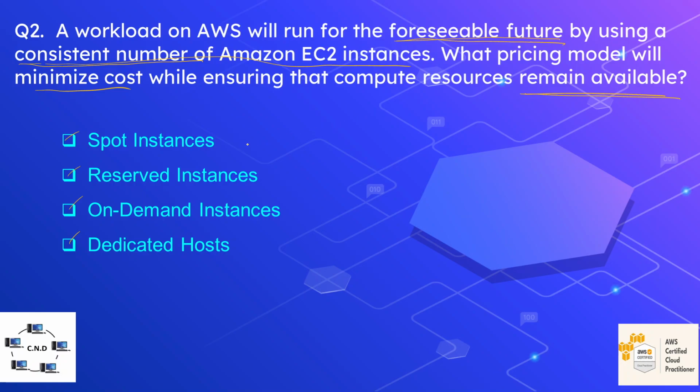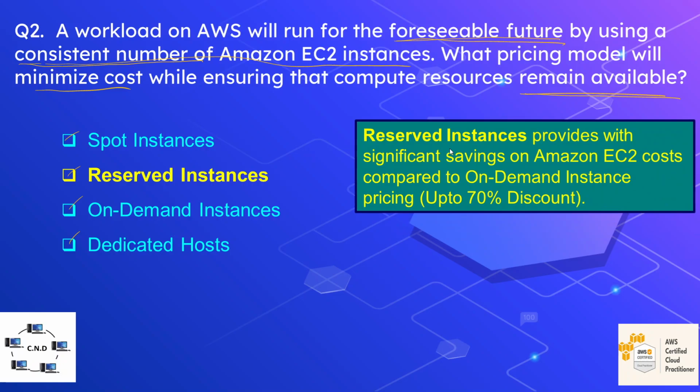So the most suitable option for this type of scenario is reserved instances. Reserved instances provide significant cost savings on Amazon EC2 compared to on-demand instance pricing, with a discount of up to 70% compared to on-demand instances.